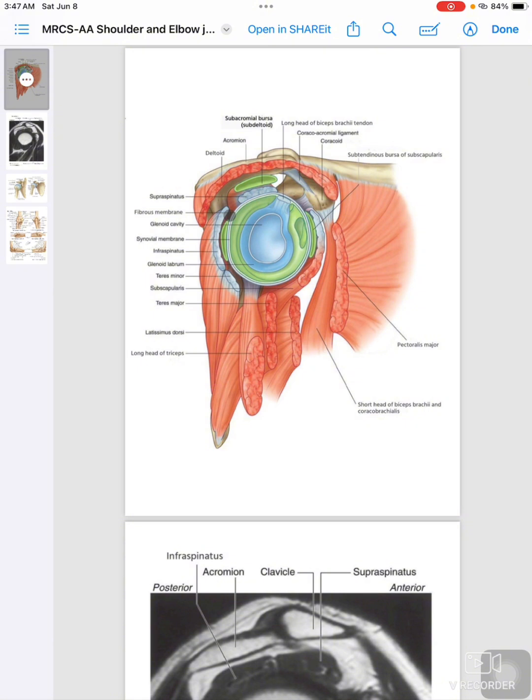Here's the subscapularis anteriorly, and superiorly the capsule is in contact with the supraspinatus tendon, and posteriorly with the tendon of infraspinatus and teres minor.